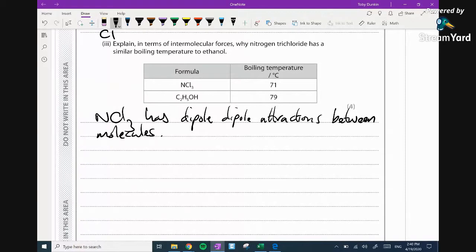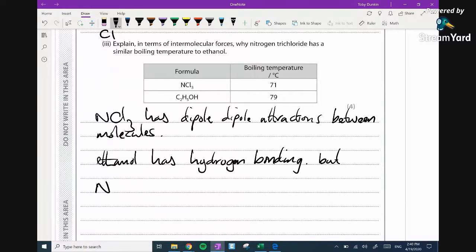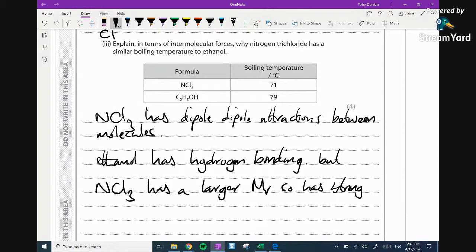Ethanol has hydrogen bonding, but NCl3 has a larger Mr, so has stronger London dispersion, or Van der Waals forces, whichever one you want to use, so making boiling points (BPTs) similar.